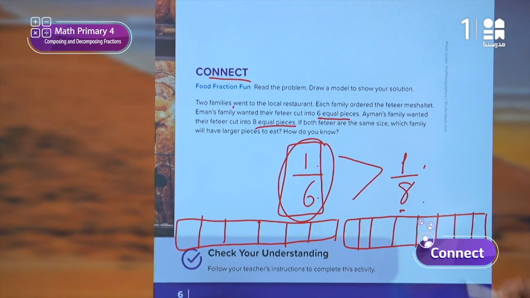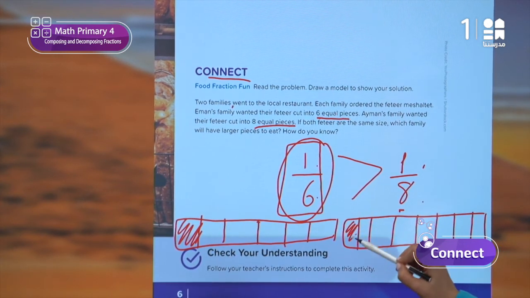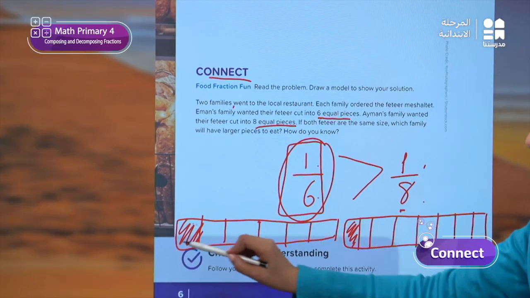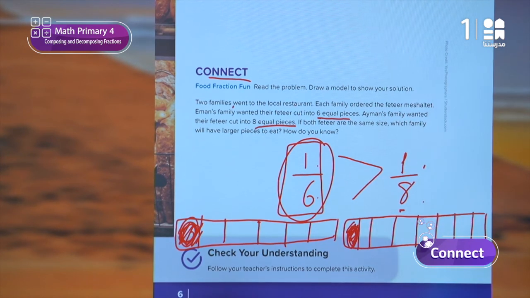Okay, طيب here is one piece of 1/6 and here's one piece of 1/8. So which is bigger? Yes, if we compare between the two unit of fraction هنلاقي ان ال piece of 1/6 greater than a piece of 1/8.